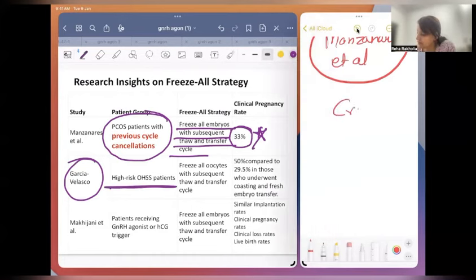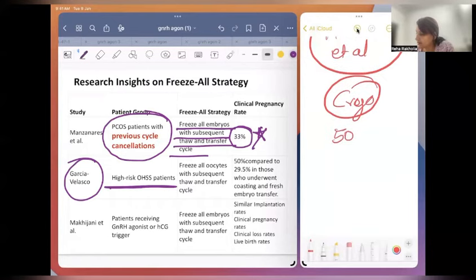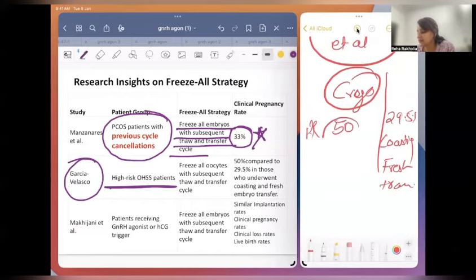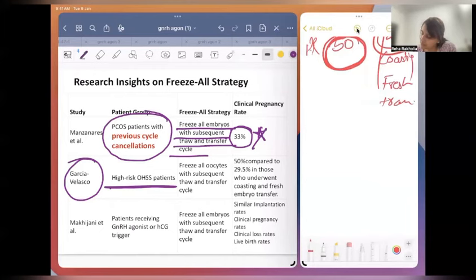They cryopreserved, and pregnancy rate was 50% in the cryopreserved, and 29.5% in the patients in which they did coasting and fresh transfer.